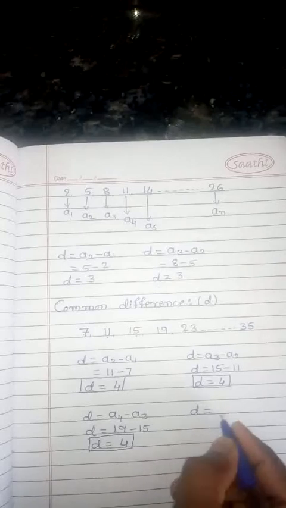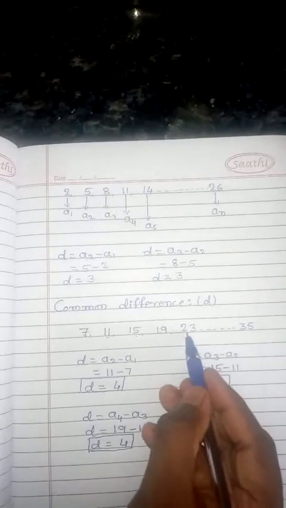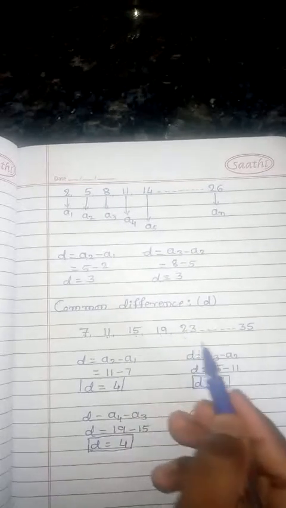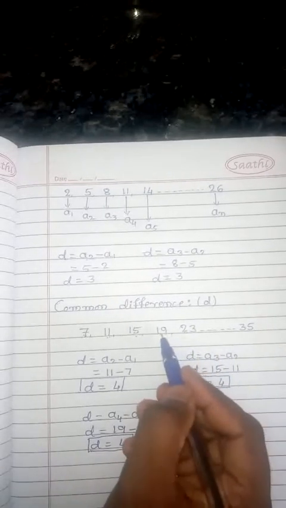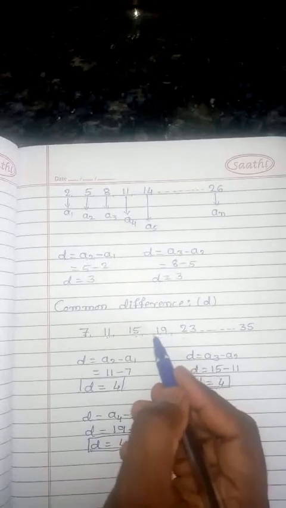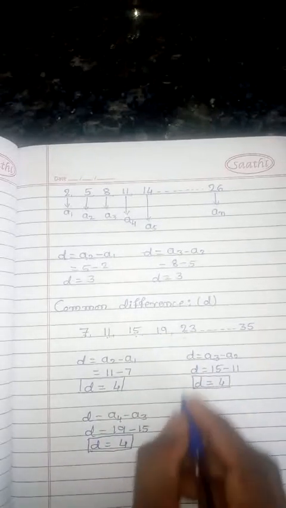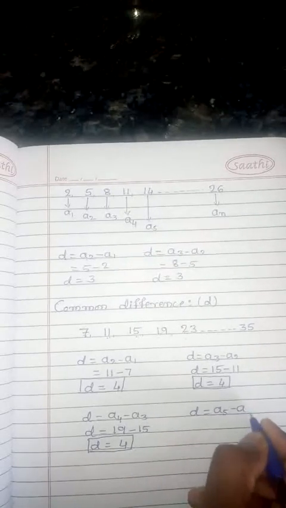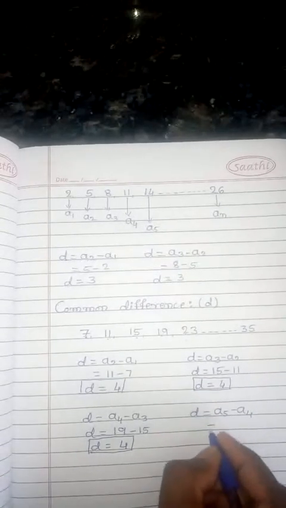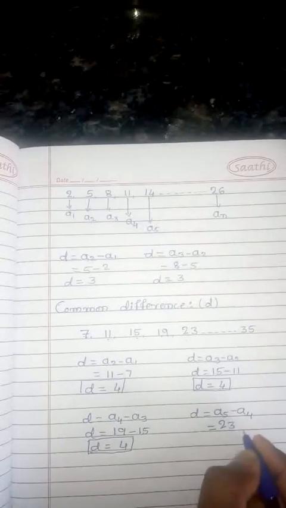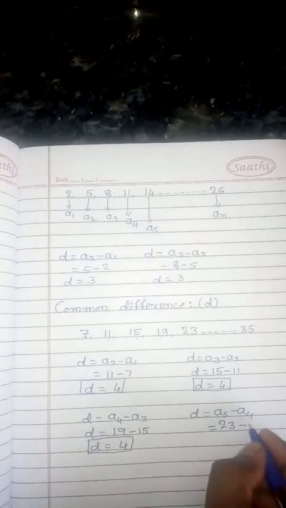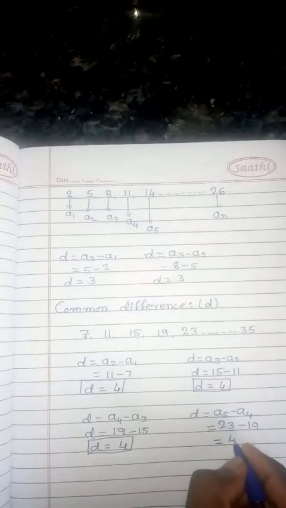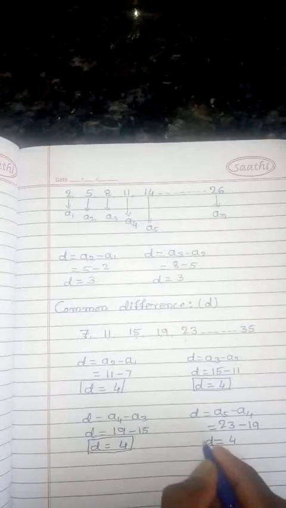If you take the fifth term, then d is a5 minus a4. If you take the fourth term, then that is a4 minus a3. Here we take the fifth term, a5 minus a4. Here the fifth term is 23 minus the fourth term 19. 23 minus 19 is 4. Here also the common difference is 4.